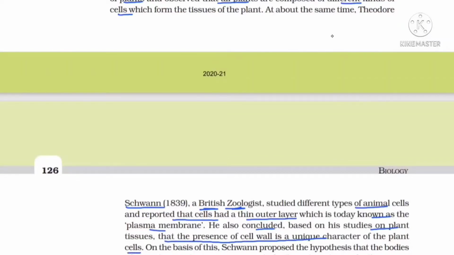So question: who studied both plants and animals? Answer will be Schwann. Who told that the cell wall is a unique feature of plants? Again, answer will be Schwann, though he is a zoologist. He studied animals first and told that animals have a cell membrane. Later he studied plants also and told that plants have the outer layer known as the cell wall.